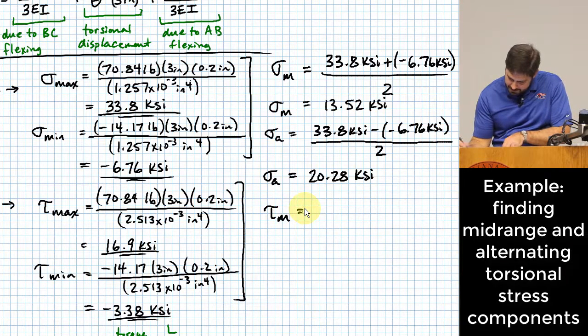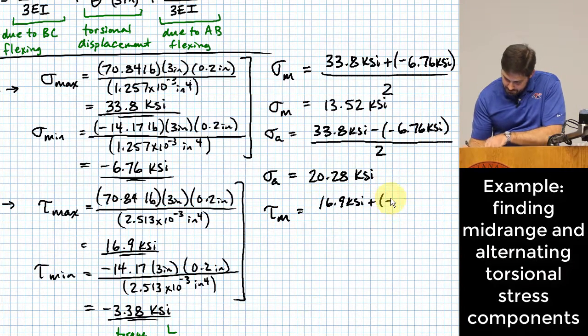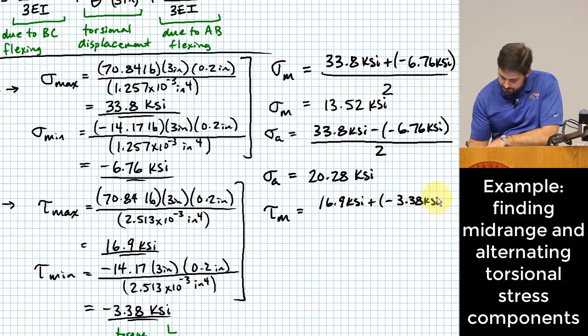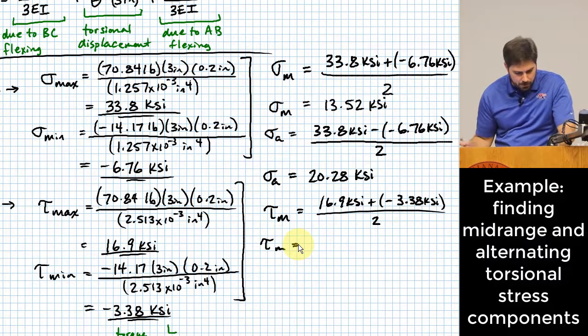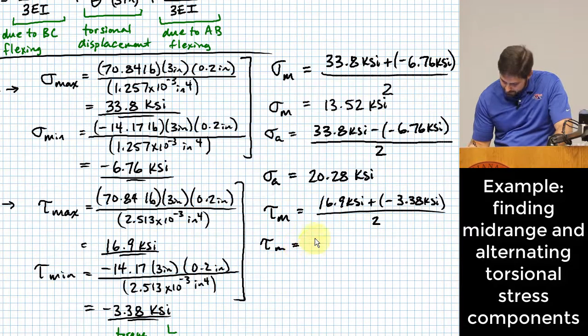Mid-range shearing stress, the same kind of idea here, is going to be equal to 16.9 KSI plus a minus 3.38 KSI over 2. And that value is 6.76 KSI.